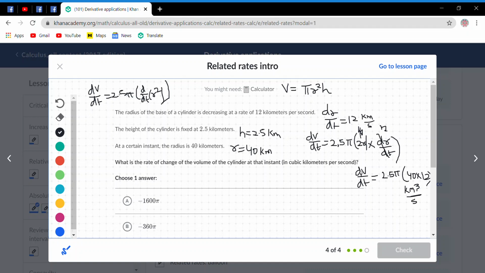So let's solve this. This 2.5 is equal to 5 halves. 5 times 40 times 12.